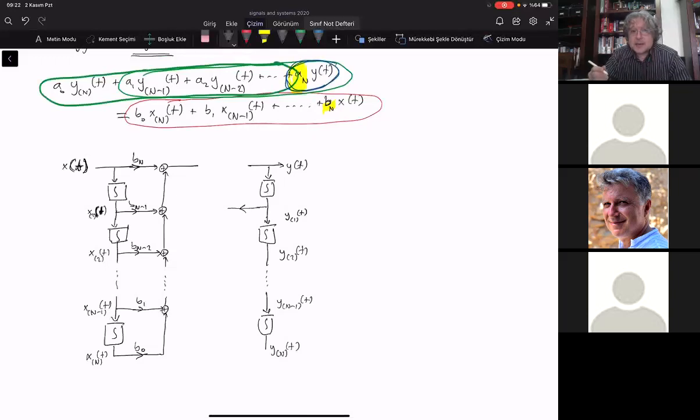The coefficient for y sub 1 of t going leftwards will be minus a sub n minus 1. It will be negative, and this will go to the left by multiplying with minus a sub n minus 2. And the one before the last will go to the left by minus a 1, and the last one by minus a 0. And then they will accumulate.